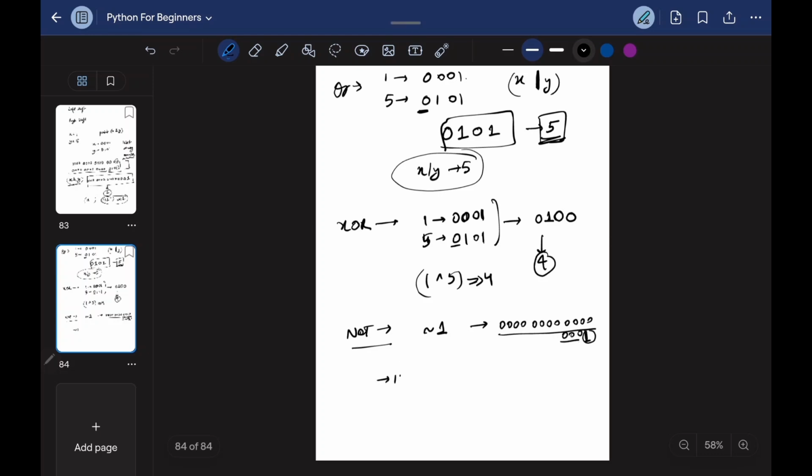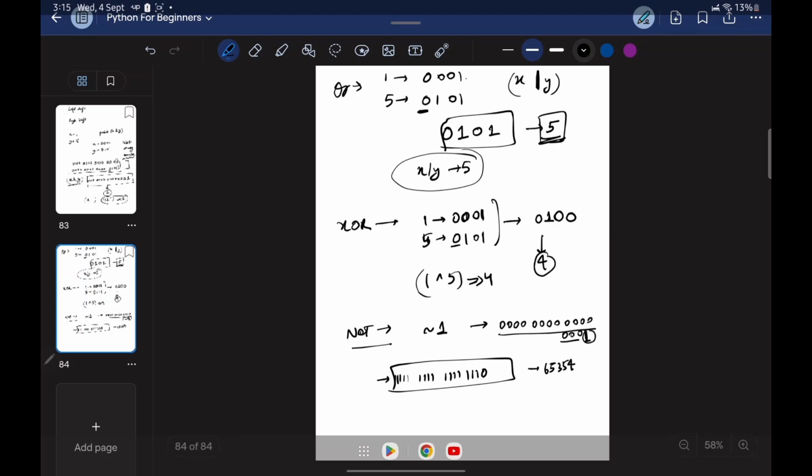So the answer for this will be this, and I think this will come out to be 65534, I think, but let me check it actually.